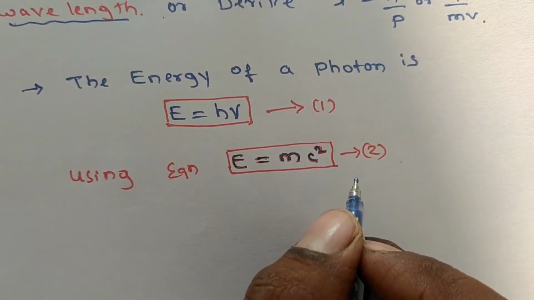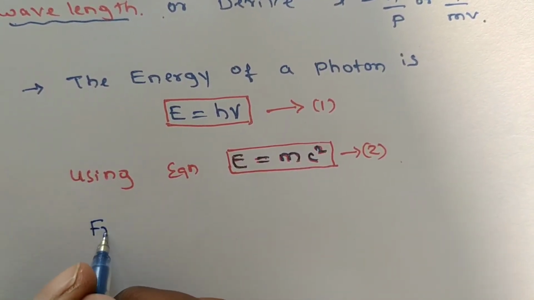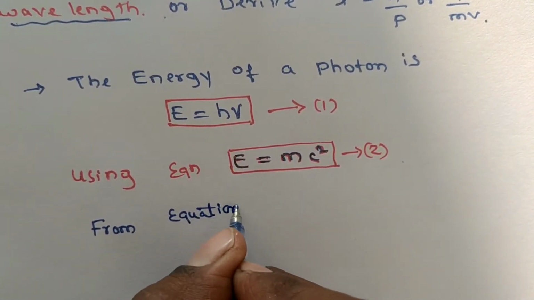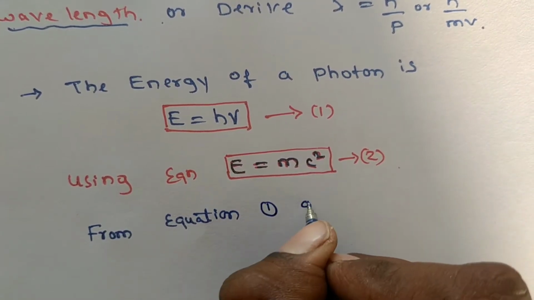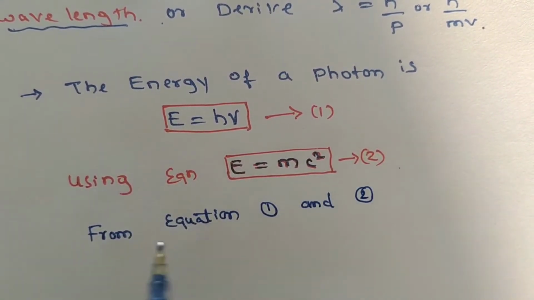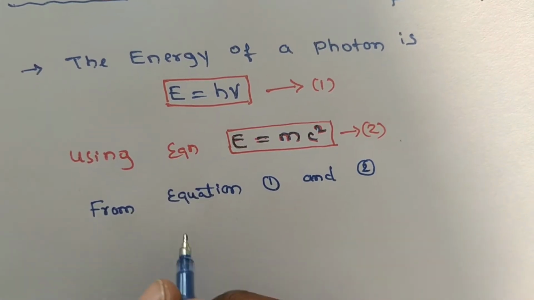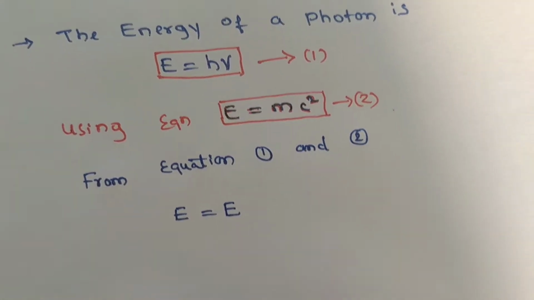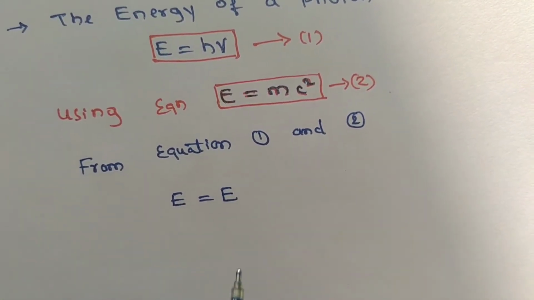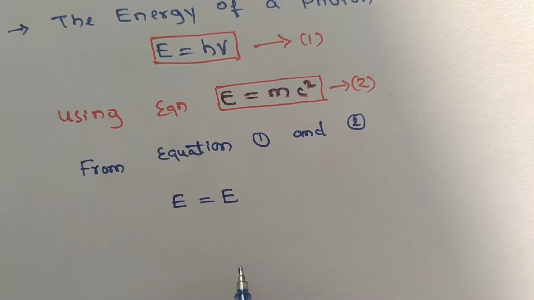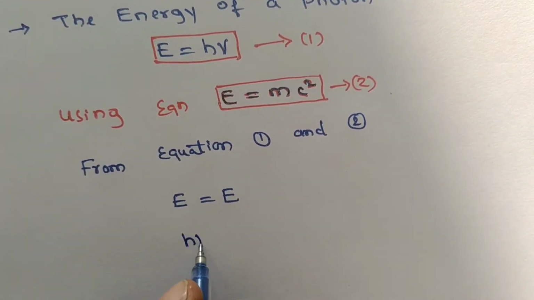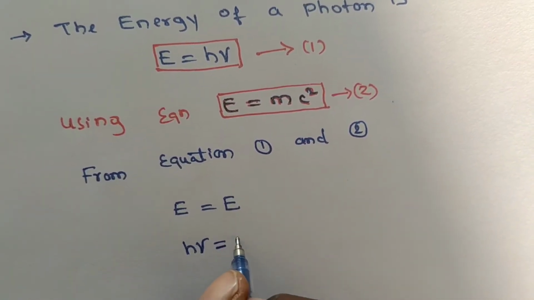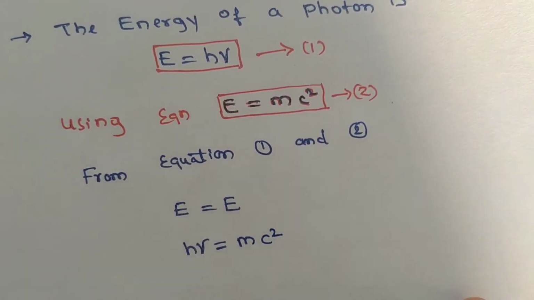Now from equation 1 and 2, E is equal to E. From equation number 1, h nu; in the place of E, mc square.